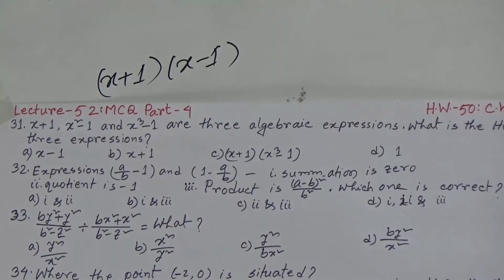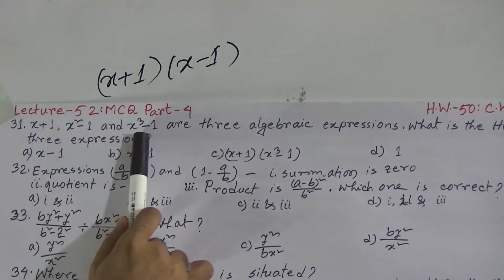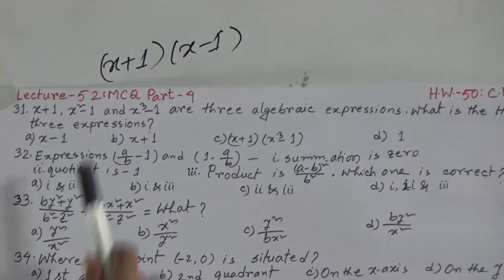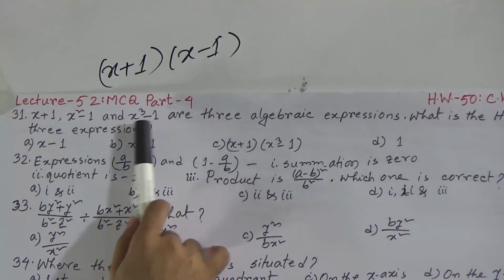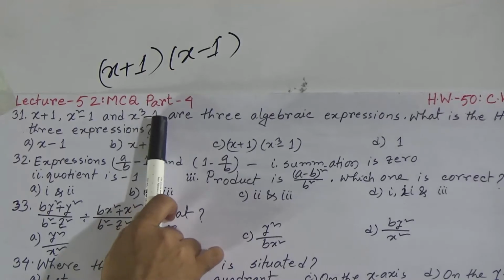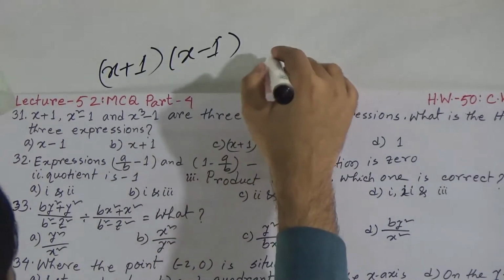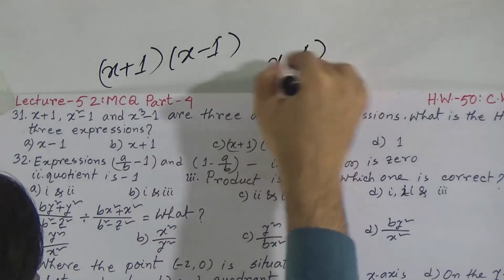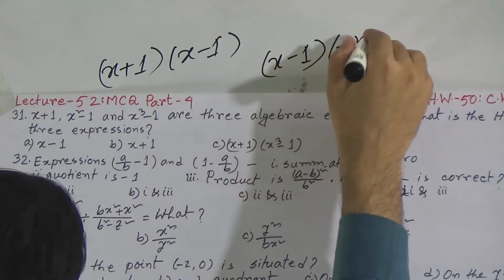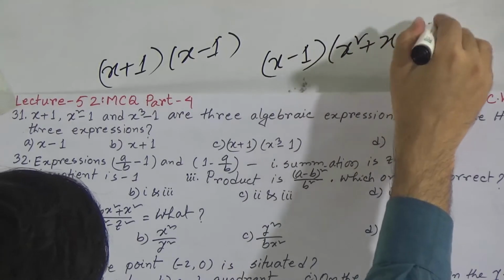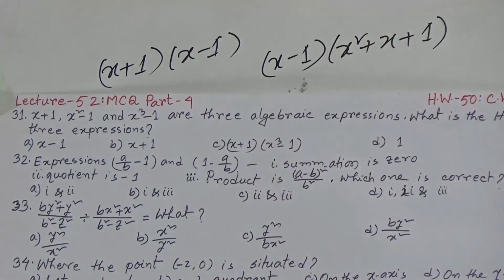According to this formula we can factorize this. And x cube minus 1 means x cube minus 1 cube, that is a cube minus b cube. So we can write the formula, that is a minus b into a square plus ab plus b square. Here b is 1. So this will be the factorized form.